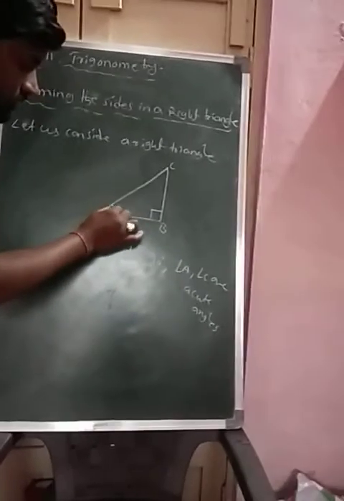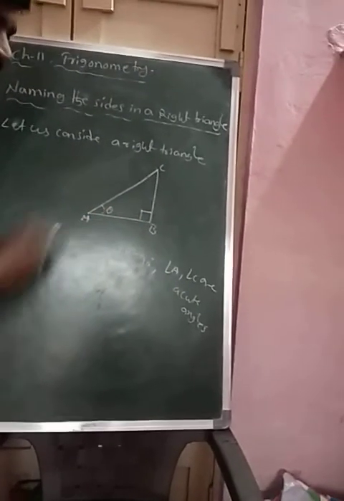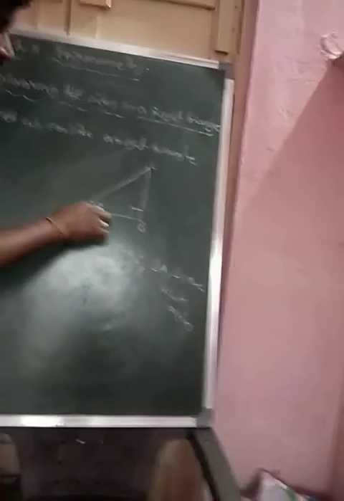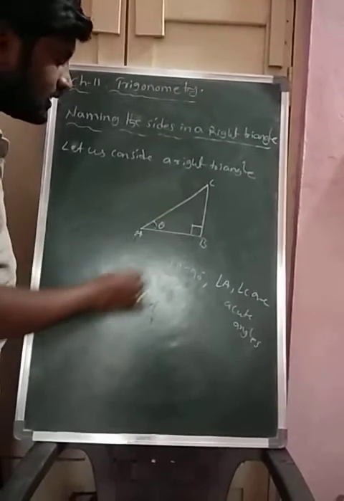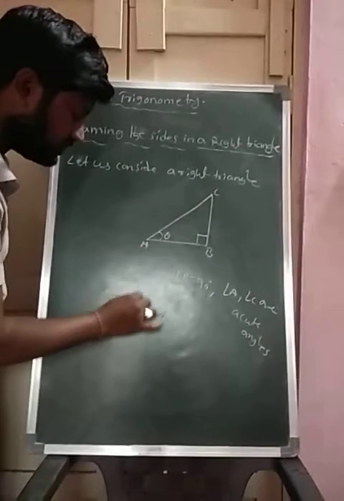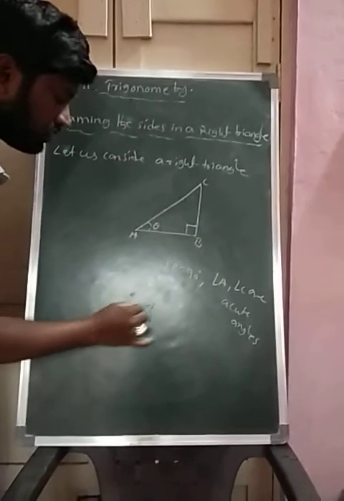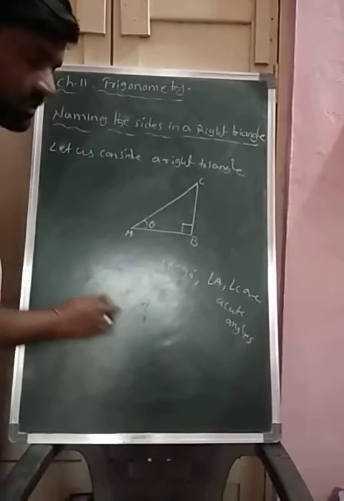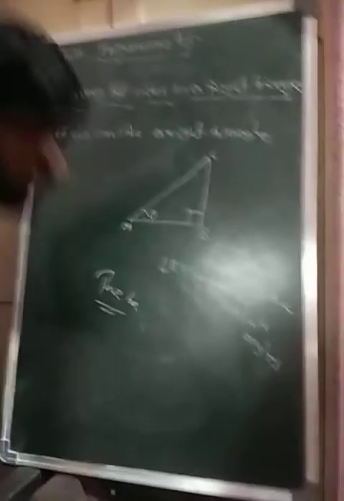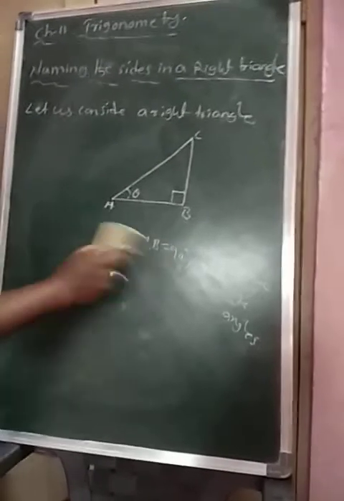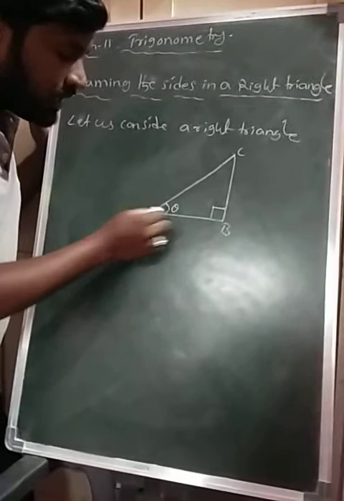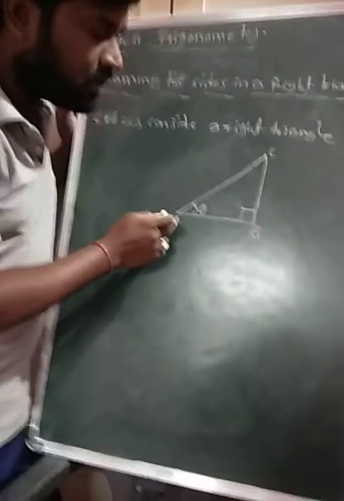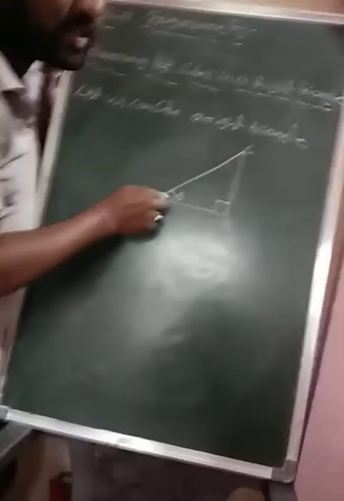Now I am taking angle A equal to theta. Theta is a Greek letter, and we can read it as theta. Now, with respect to angle A, what is the opposite side of angle A?